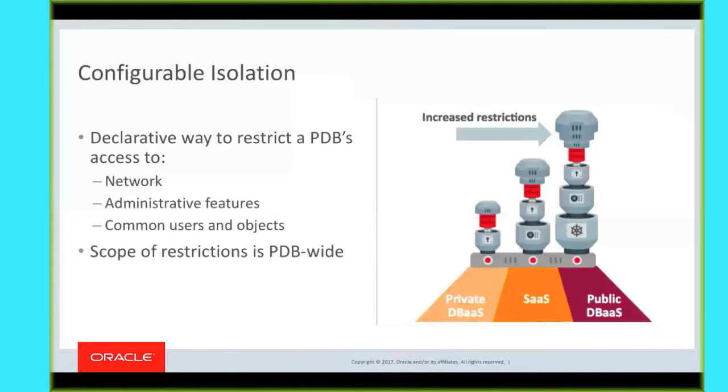So an ideal way of doing this would be to define different lockdown profiles with different levels of configuration, different levels of restriction, as you decide on which type of cloud deployment you're going to be doing, either SaaS or a public DBaaS.